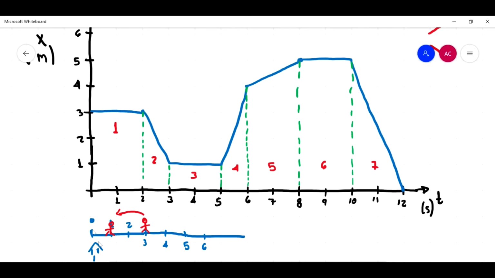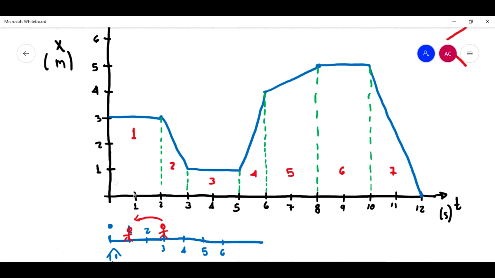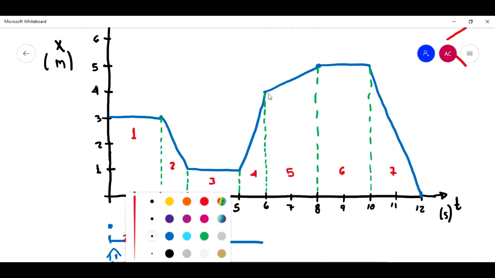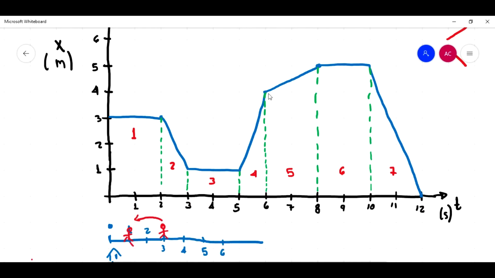As I said before, in segment number 1, this person is going to stay there, and then he jumps to the position of 1 meter, and he's going to stay there for 2 seconds. After that he goes to 4 meters.